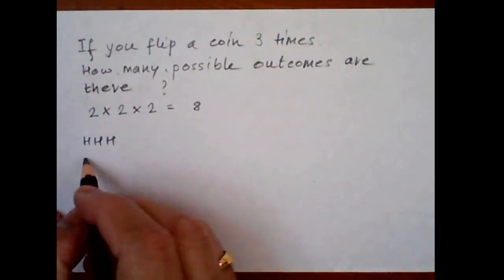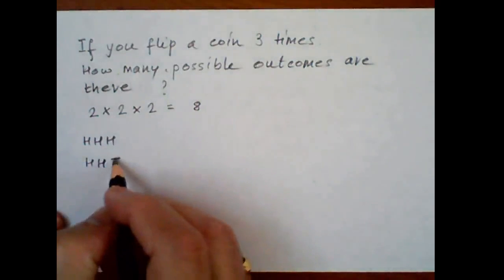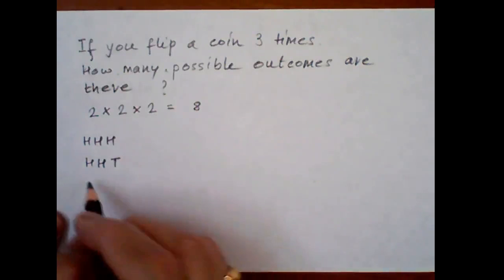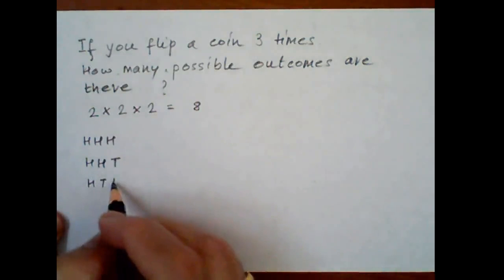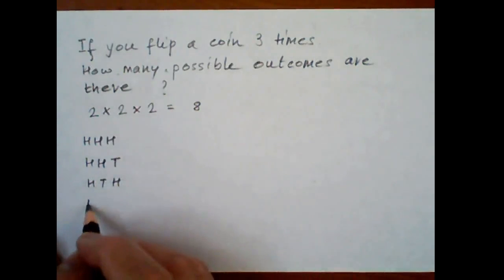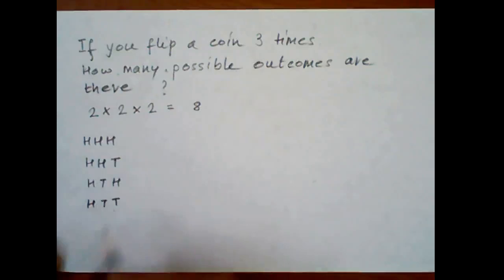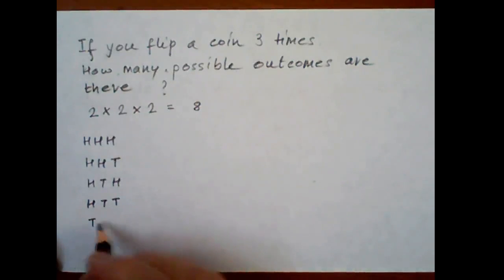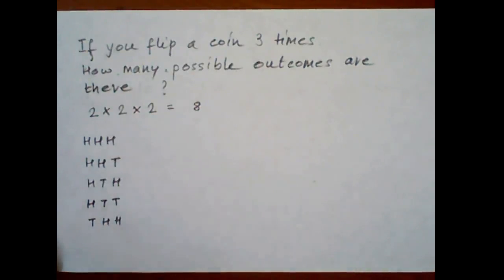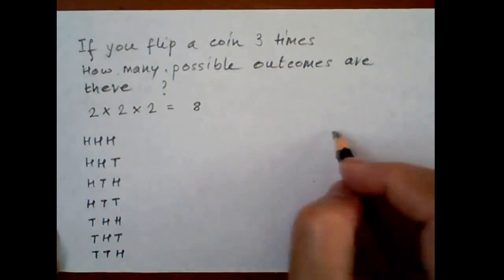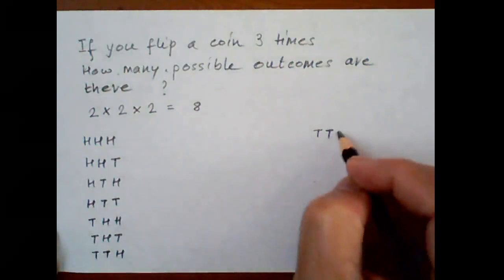Then we have H, H, T. Then we have H, T, H, H, T, T. Then we have T, H, H, T, H, T, T, T, H, and finally T, T, T.